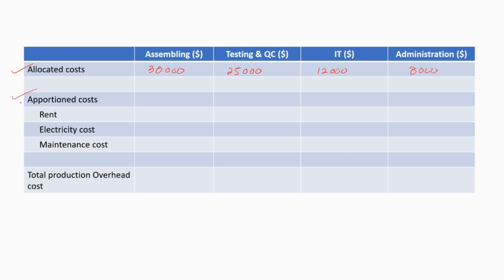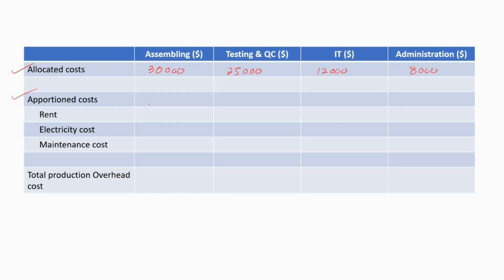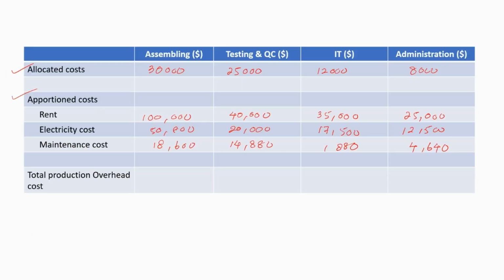Now let's assign the apportioned costs we just calculated earlier. Now we can calculate the total production overhead cost for each cost center.